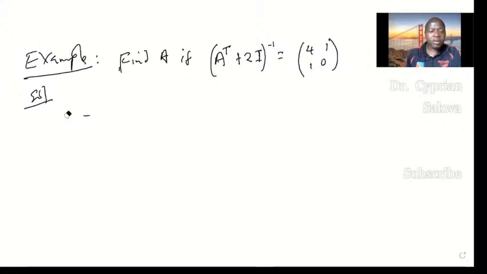Using that theorem, what I need to do is find the inverse on both sides.